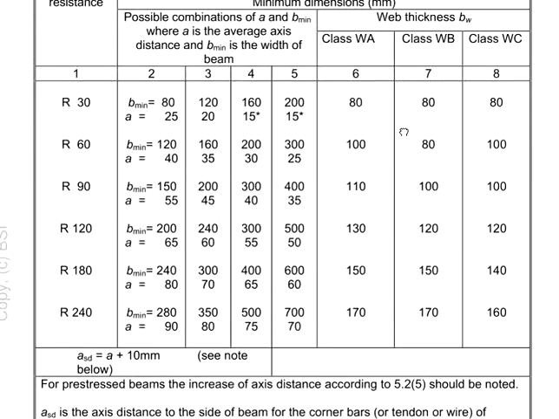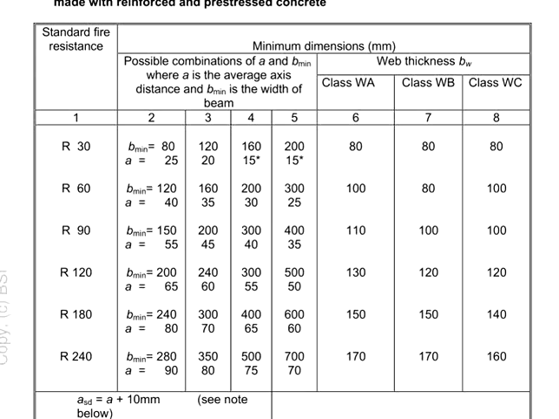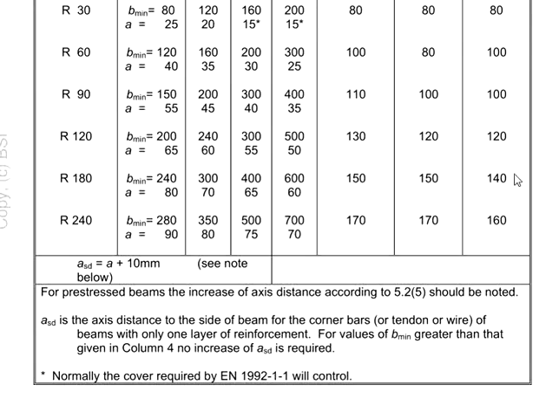And then if you observe from the table here, there are some numbers with the star. The meaning of this star here, you may refer to the statement at the footnote of the table. To make it simple, when the star is given, it means that the axis distance is relatively low, which at the end of the day, its influence over the cover of the beam sections would be minimal.